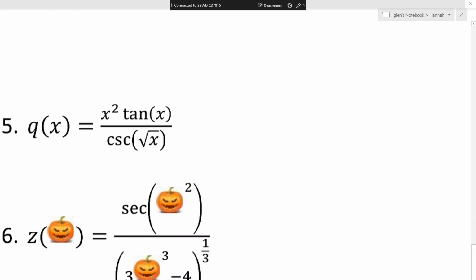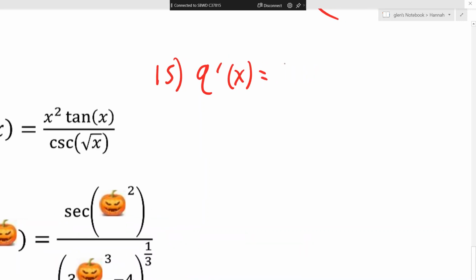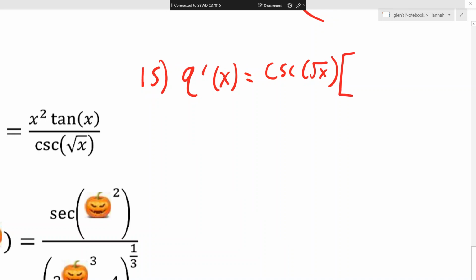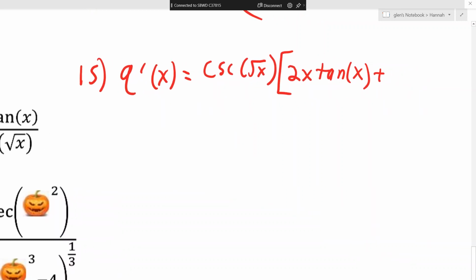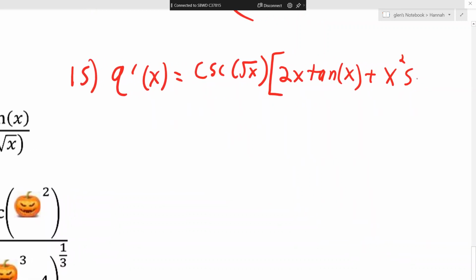Okay. Ready? We're going to do 15 right here. Q prime of x is equal to, I was getting fancy with these, write the denominator, which is that, and multiply it by the derivative of the numerator. But oh no, the numerator itself is a product, so we have to do the product rule, which says derive the first, 2x, times the second, plus leave the first, derive the second.